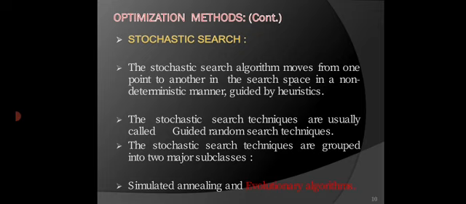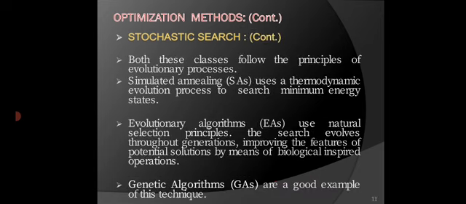The stochastic search techniques are grouped into two: simulated annealing and evolutionary algorithm. Both these classes follow the principle of evolutionary process. Simulated annealing uses thermodynamic evolution process to search minimum energy states.